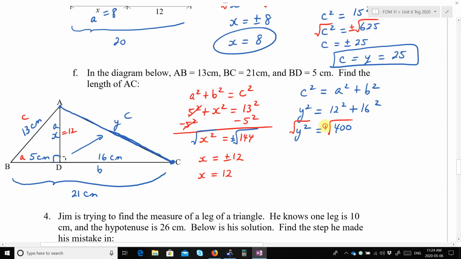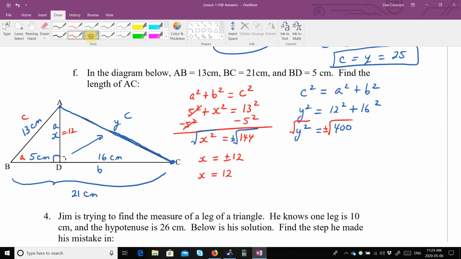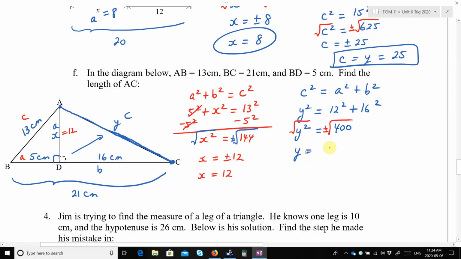Square root. Okay, so y is equal to plus or minus 20, and we would say y equals 20, and that is going to be centimeters. And that is 3F, and this is equal to AC.